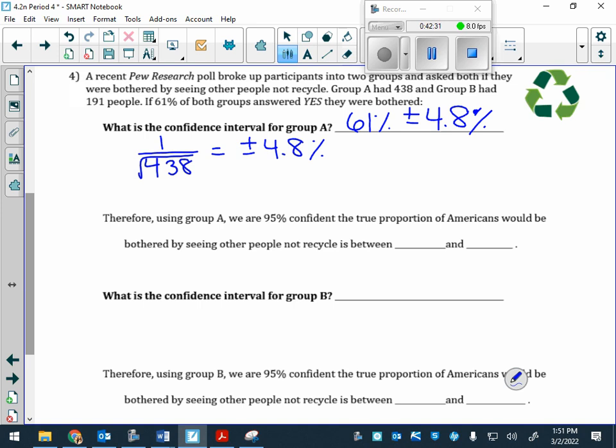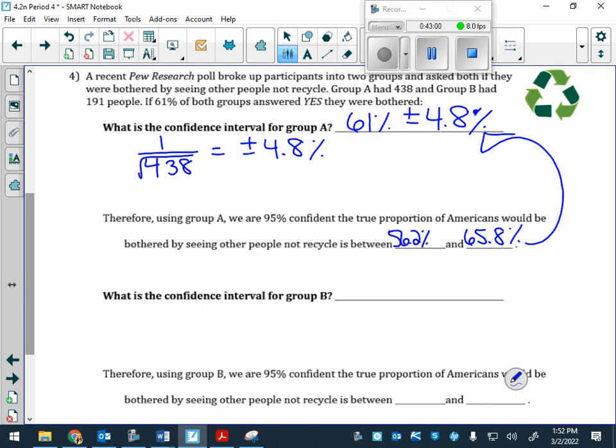It happens a lot, believe it or not. The 95 is just a standard, 95% confident. Okay, Danielle. Good. Okay. So again, anytime it's saying between and you're giving an interval, it goes from that.